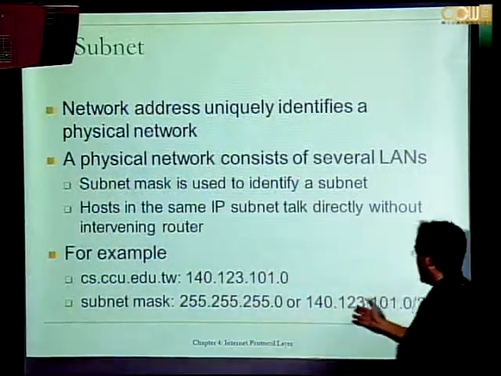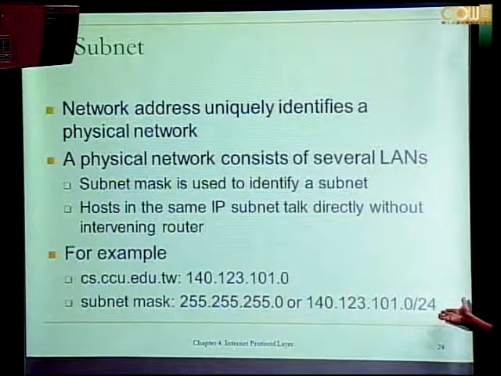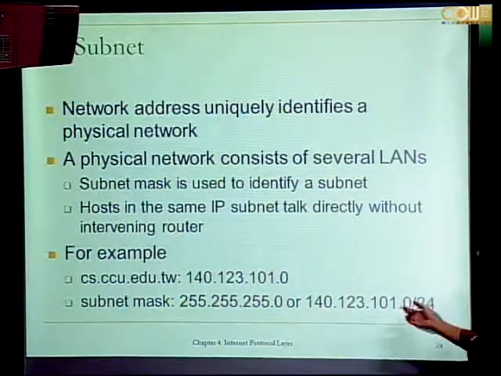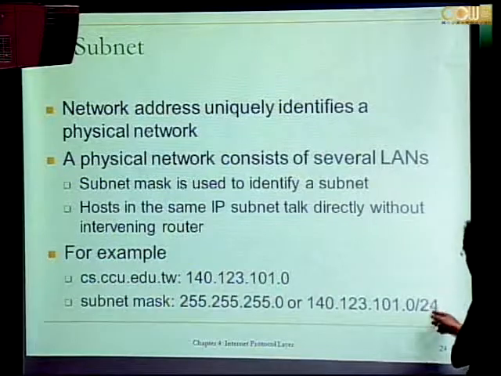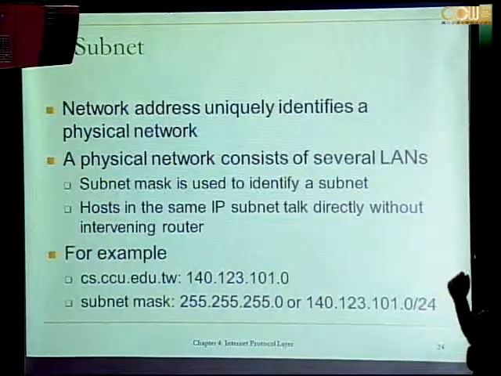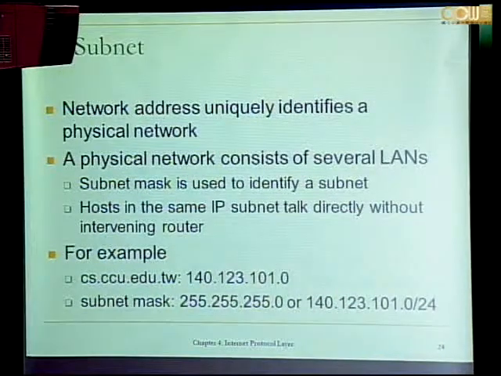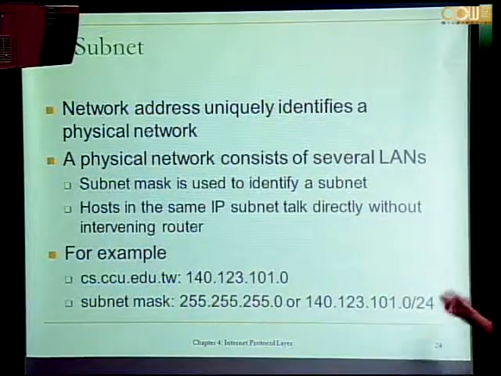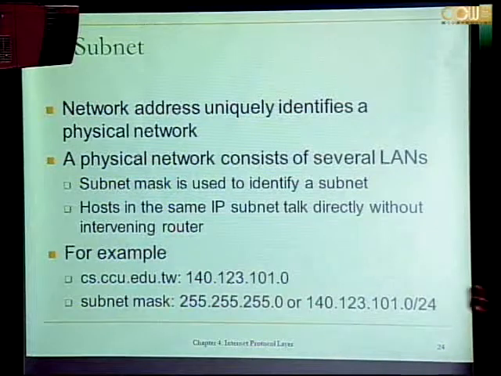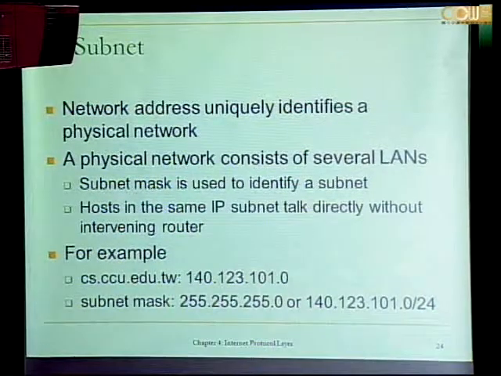Or you can represent it in this way with an IP address /24. The number 24 here means the length of the subnet mask. In this case, it is 24 bits or 3 bytes.